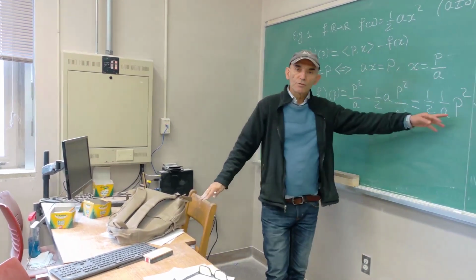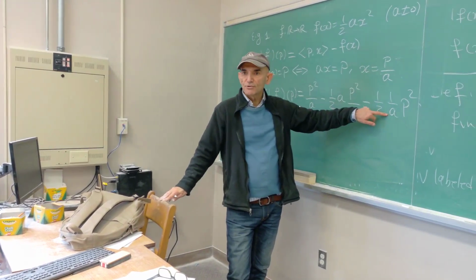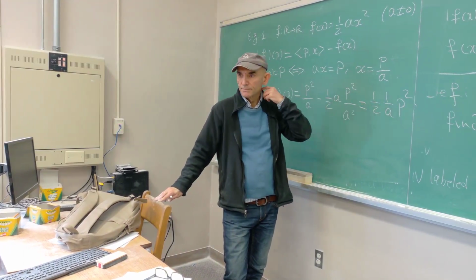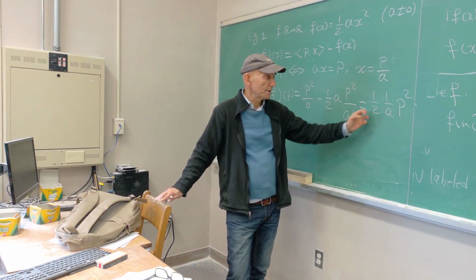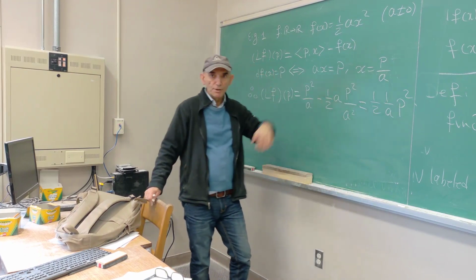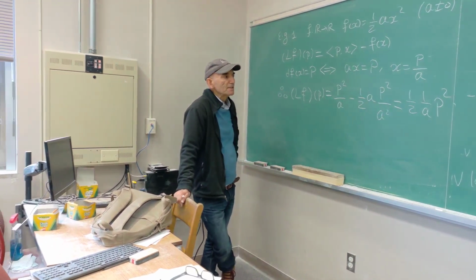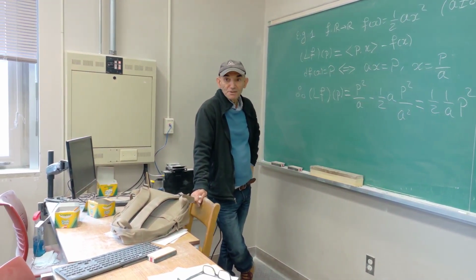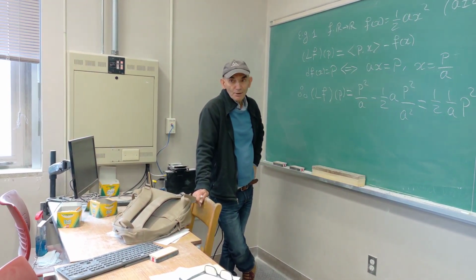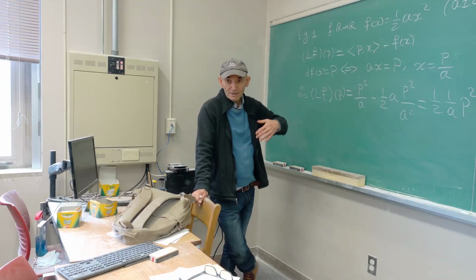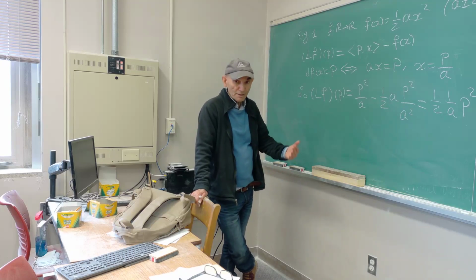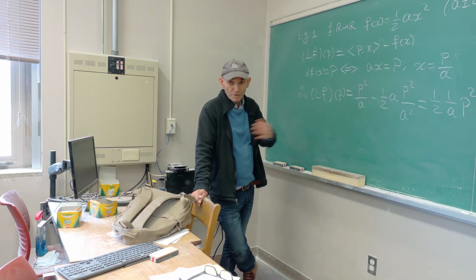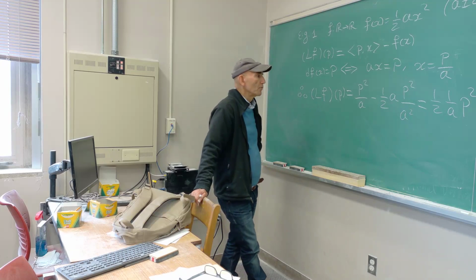So again, it's a quadratic function, but the coefficient is transformed into 1 over a. That's an important thing. That's the duality. Of course, you have seen this business of 1 over a before, in Gaussian integrals. When we calculated this, it was again a Gaussian with 1 over a, or the inverse matrix.